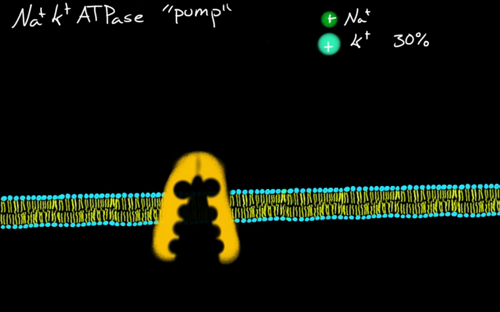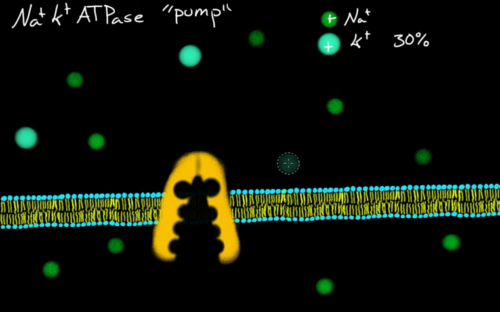So if we were to randomly throw some sodiums around, just floating, and also some potassiums, they would all be randomly moving because it's at 25 or 30 degrees Celsius.